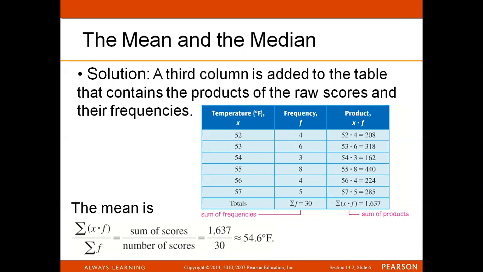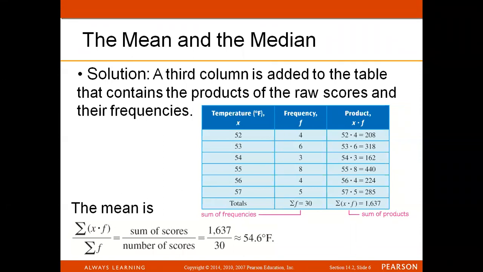Since it was 52 degrees on 4 different days, we could add 52 plus 52 plus 52 plus 52, or we could just multiply 4 times 52 and get a sum of 208. So if we multiply straight across the row, x times f is 208, 318, 162, 440, 224, 285.